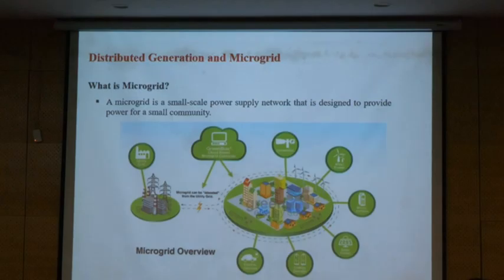Okay. Anyway, assuming that you have a building, just a simple example, you can provide the electricity for your load in this building. So do you need to buy electricity from the distribution line? No. This is one example.